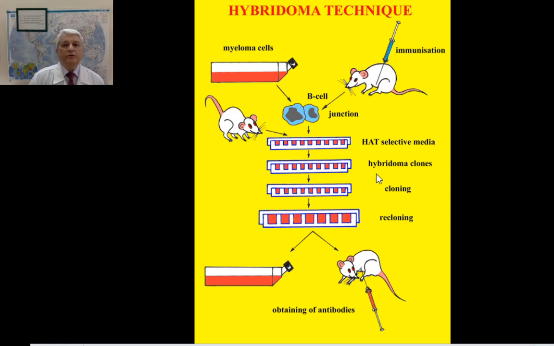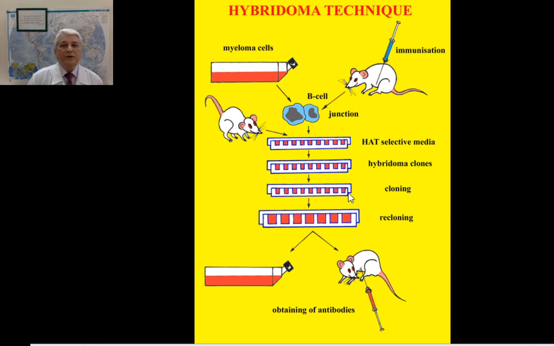Then we do a procedure which we call cloning. What is cloning? We take, for example, from one of these test tubes, a very small amount of cells, for example, only 30 cells, and pour the solution of these cells into 96 test tubes. So only 30 cells to 96 test tubes.